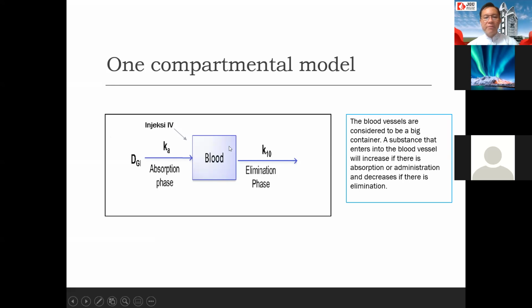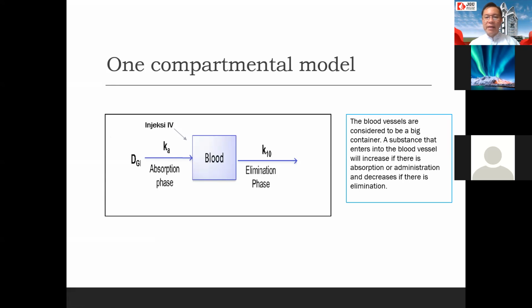So the blood vessels are considered to be a big container. Can you imagine a big container? Although we have a lot of blood vessels, all our blood vessels are connected, isn't it? The artery and the vein are all connected. So these blood vessels are considered as a big container.